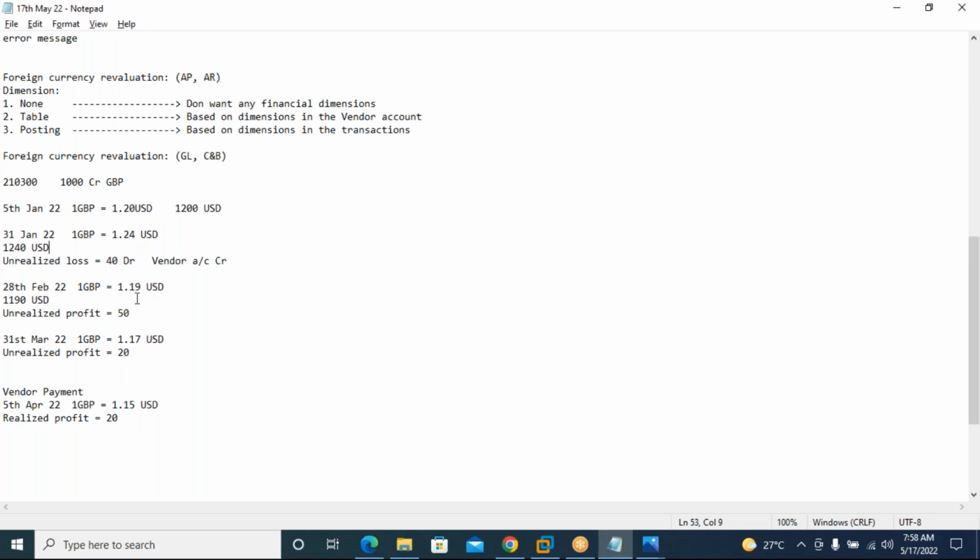It is considering the difference between the last versus this one, the last transaction versus the current transaction. It is not referring to the original at all. Got it? Then in that case, all these entries are going to be standard entries, not reversible entries. It is not going to be a reversal.